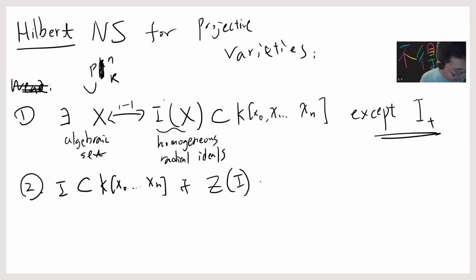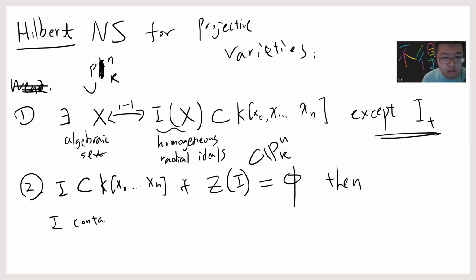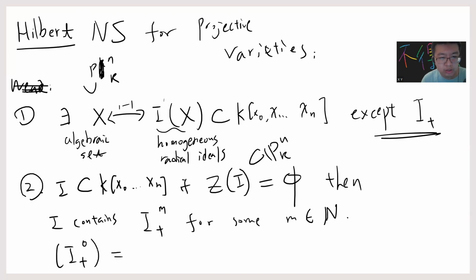So if Z of I is empty in P^n, then I contains (I plus)^m for some m belonging to the natural numbers. The notation is that (I plus)^0 is defined to be the whole ring.